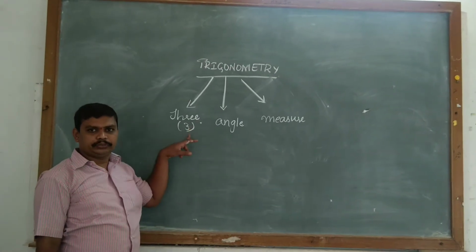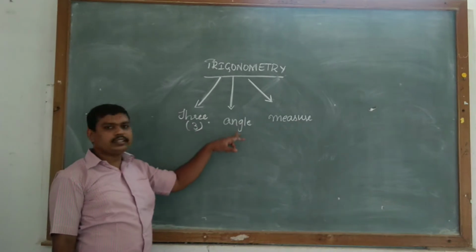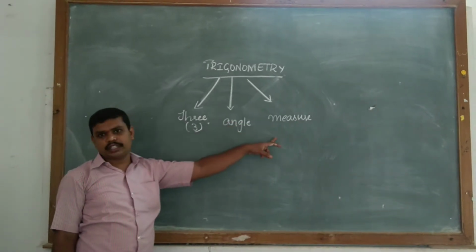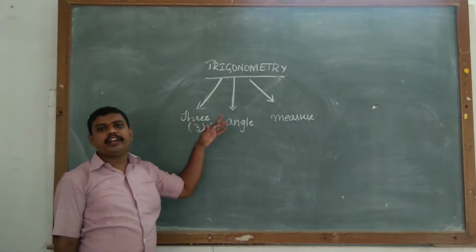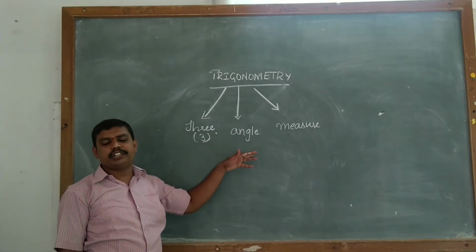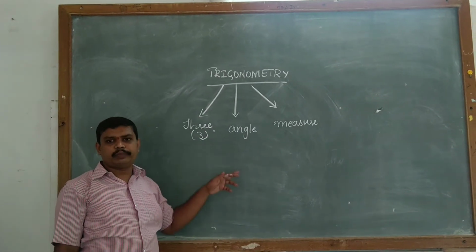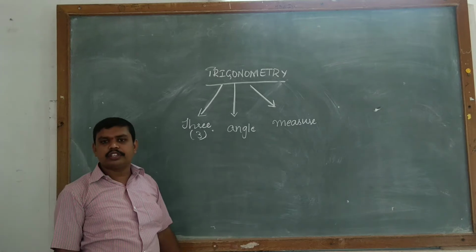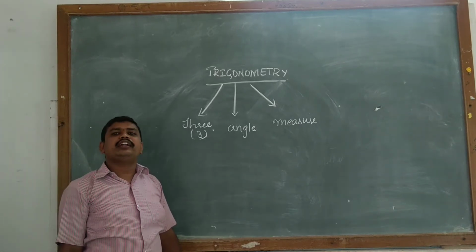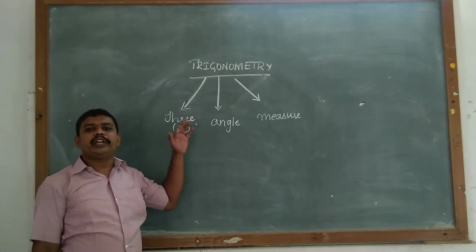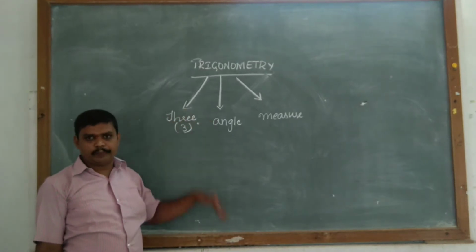Trigonometry means tri, gno means angle, metry means measure. That is, the meaning of trigonometry is nothing but triangle measure, which was given by our mathematician Pythagoras. He was a famous mathematician, and he dealt with the meaning of trigonometry in this form.